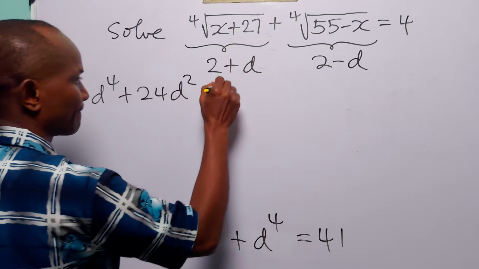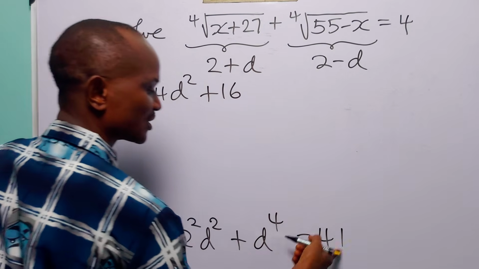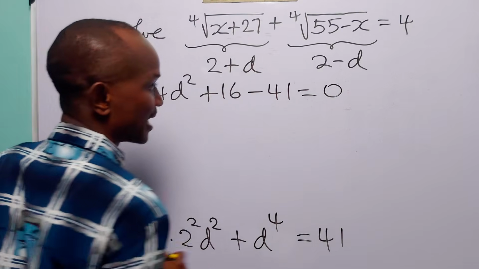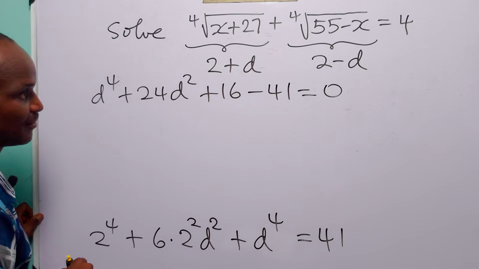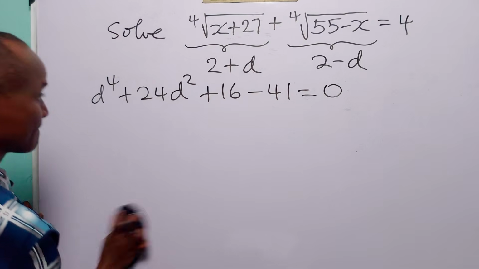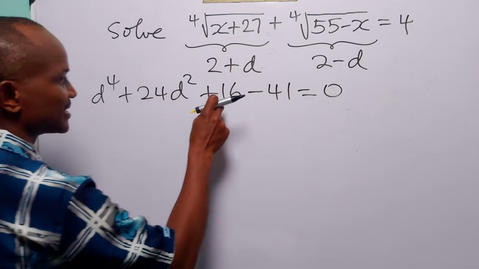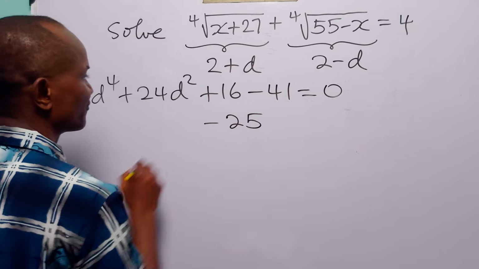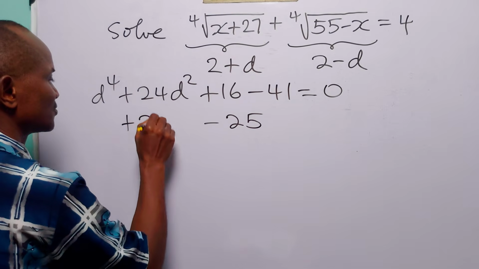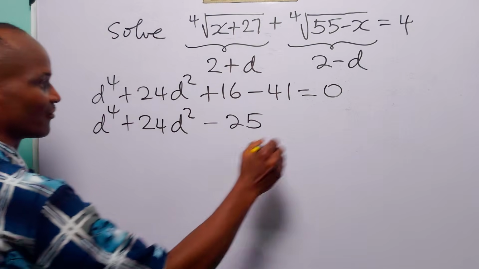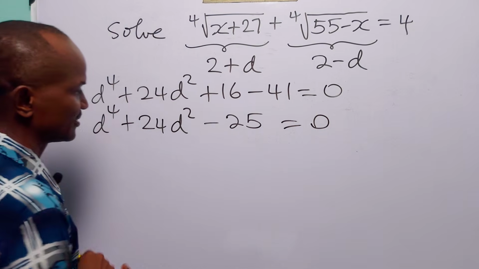Then we have 16. Bringing 41 over to the left-hand side, we have minus 41, and this is now equal to 0. 16 minus 41 is minus 25, plus 24d squared plus d to the power 4 is equal to 0.